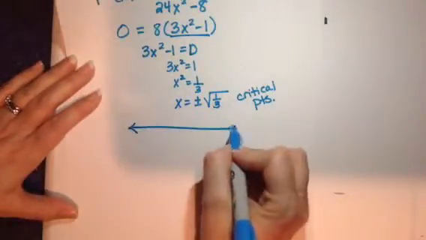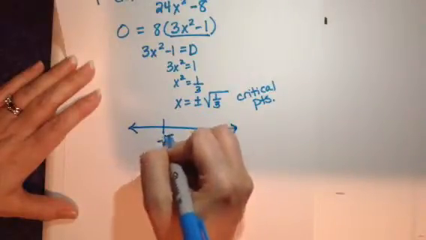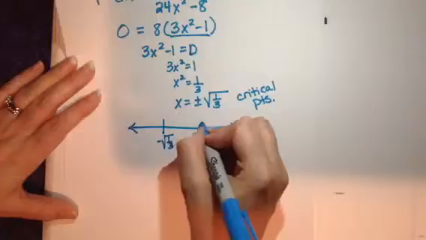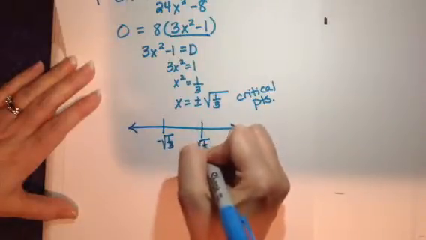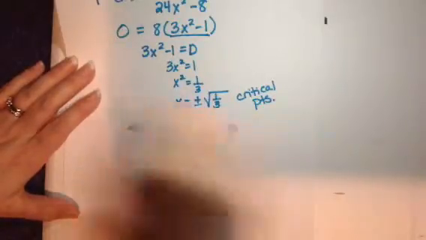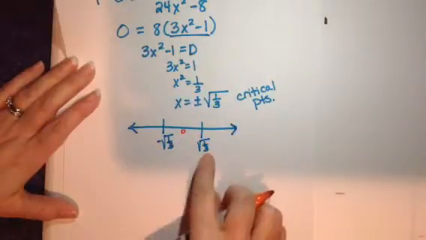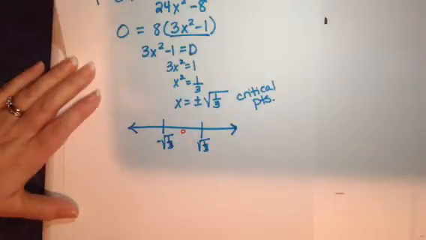So I'm going to do a sign diagram for the second derivative. And I'm going to put a negative square root of 1/3 and a positive square root of 1/3. Now, even though you don't know what the square root of 1/3 is, you don't need to know it because you just need test points. And I certainly know that 0 falls in between here. Square root of 1/3's got to be a small number because the square root of 1 is 1.